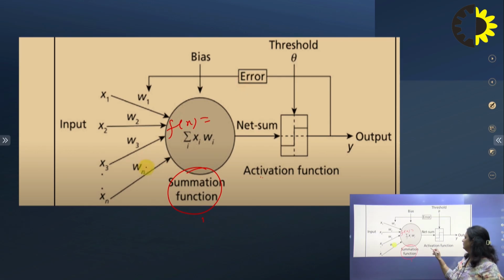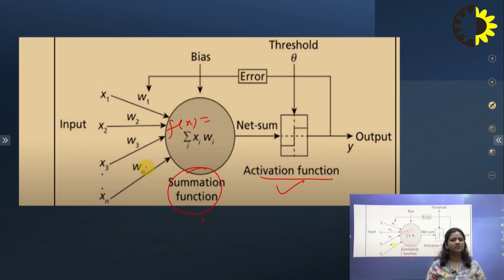Then we apply the activation function to get the output. So, as we discussed, we use the activation function to produce output or to make predictions using the net sum.